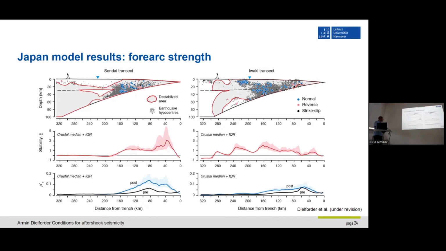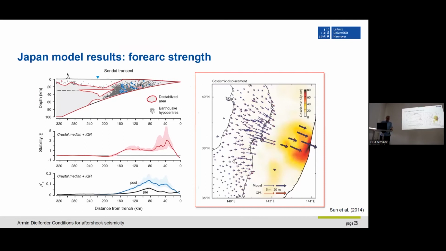So in principle, in this area, we could activate much stronger faults than in the Iwaki transect, but we actually see lower seismic intensity here than in this case. And how we interpret this is that this reflects the differences in co-seismic slip.